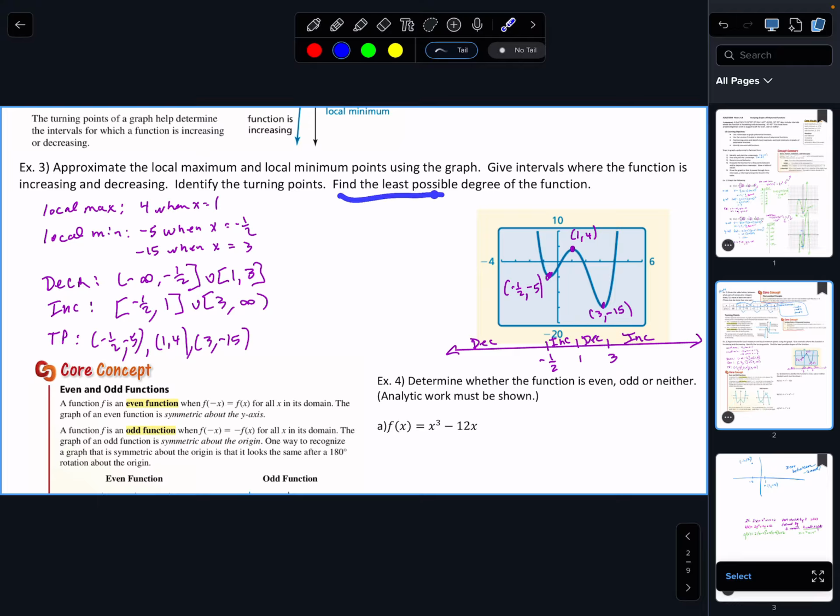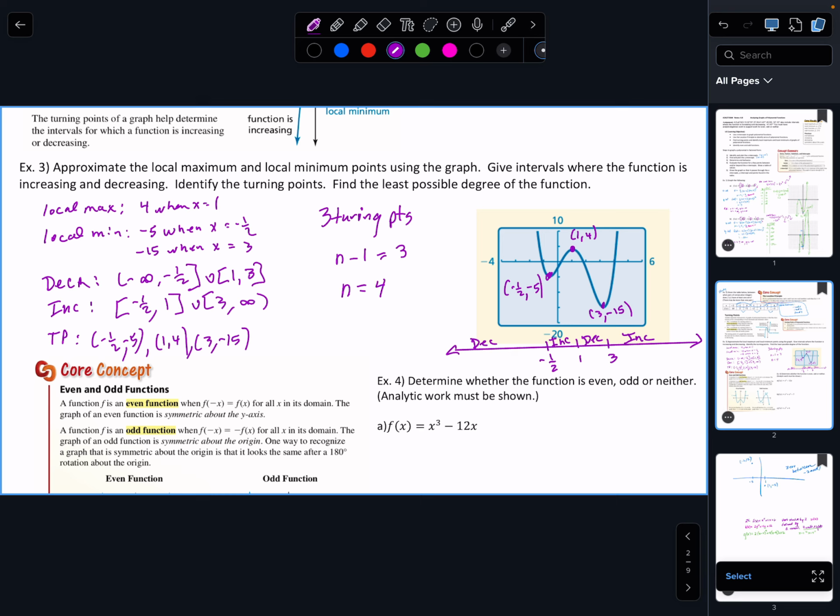And find the least possible degree. You count up the turning points and add one. There are 1, 2, 3 turning points. And so the degree of the polynomial, you have n-1 turning points, at least, possible.